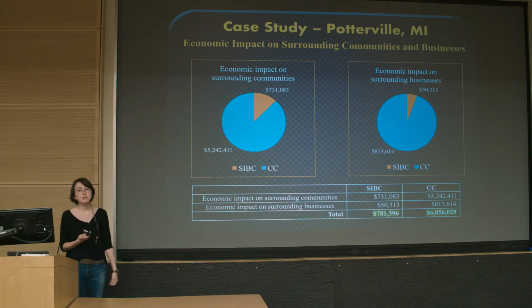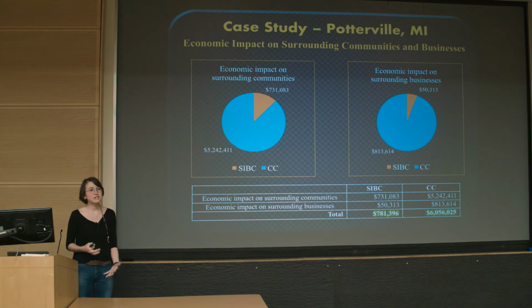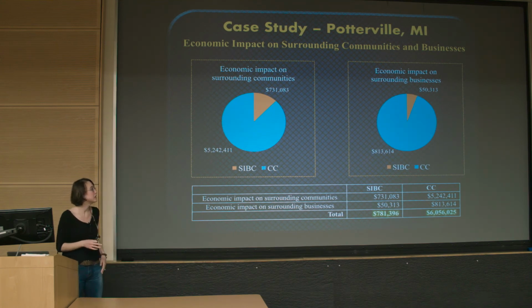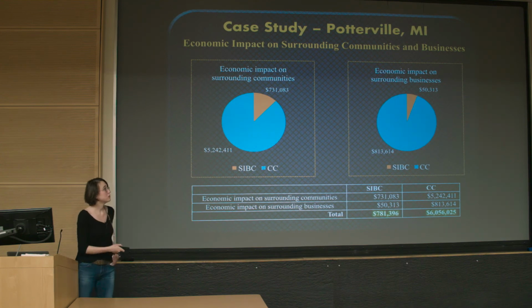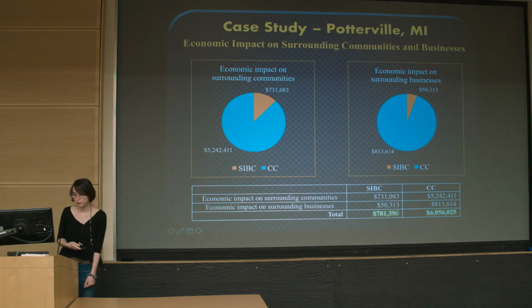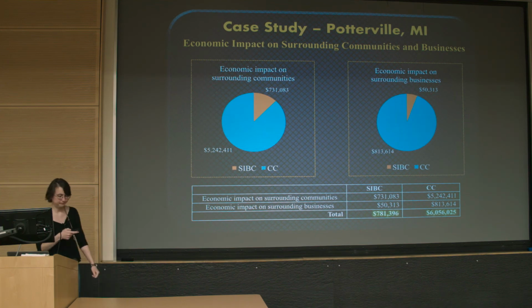When we think about the economic impact on surrounding businesses, the difference is even larger: around 800,000 with conventional construction and 50,000 with SIBC. As you can see at the bottom of the table, SIBC is more favorable than conventional construction when we think about economic impact.